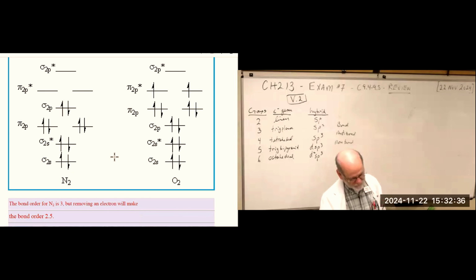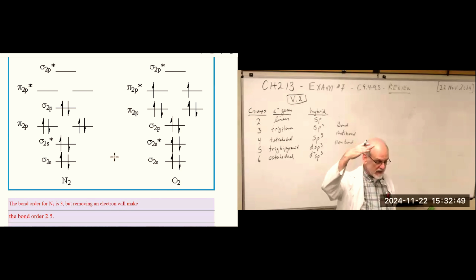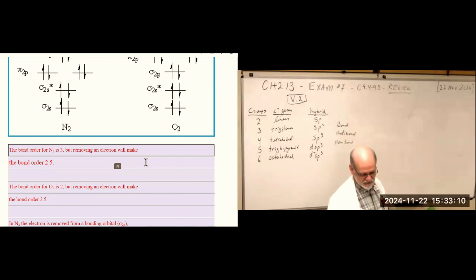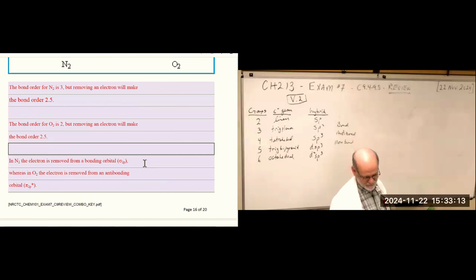When you talk about bond order, the bond order for oxygen has antibonding electrons. If you remove one of those, that increases the calculation to a higher bond order because you're decreasing the subtracted part. Whereas if you remove one from nitrogen, you're removing a bonding electron, and that decreases the bond order. Actually, it makes them both equal. At that point, they're both 2.5. But that's the explanation for it. That's it.